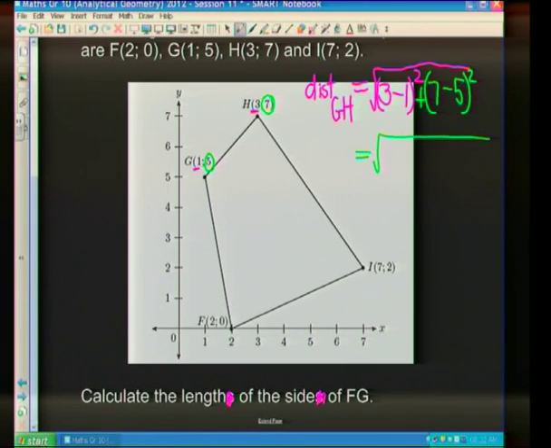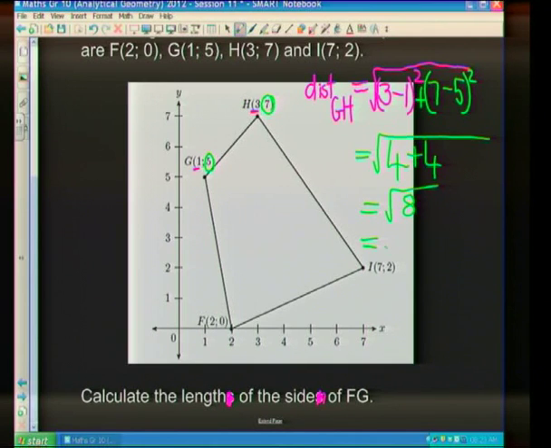Now you could put this in your calculator, but especially if the numbers are still relatively straightforward, small numbers, it's really not necessary. Right, 3 minus 1 is 2, 2 squared is 4. 7 minus 5 is 2, and 2 squared is 4. So square root of 8, that's not the simplest surd form, though.